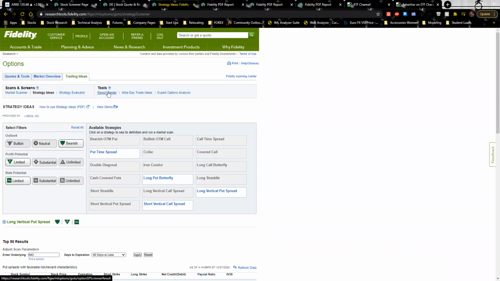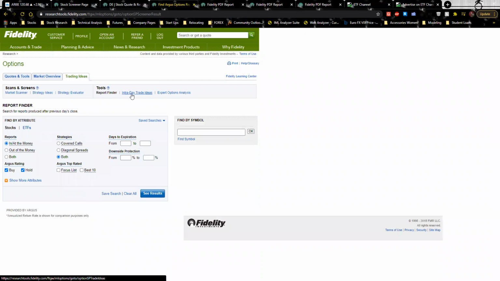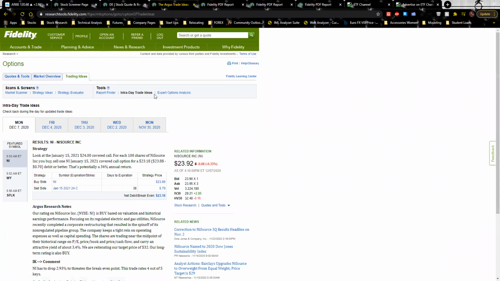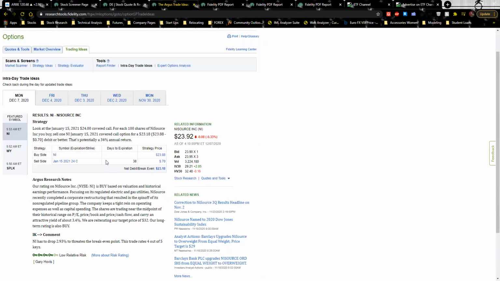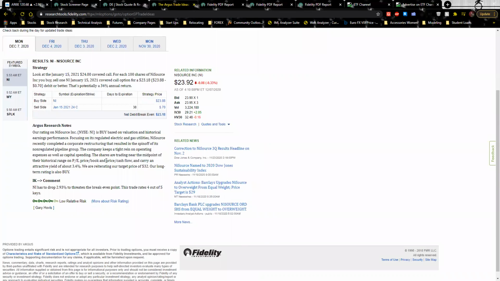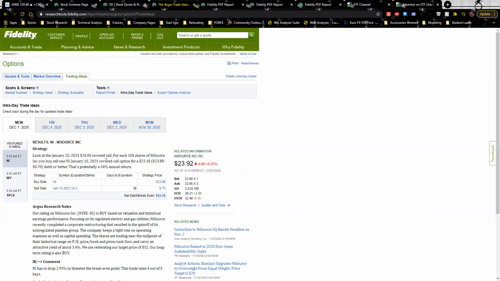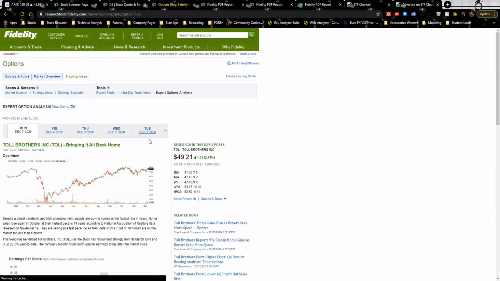You also get Report Finder. So it'll tell you what some of the options are that are going on. Again, you can also do it by buy and hold, intraday trade ideas as well, and expert options analysis.